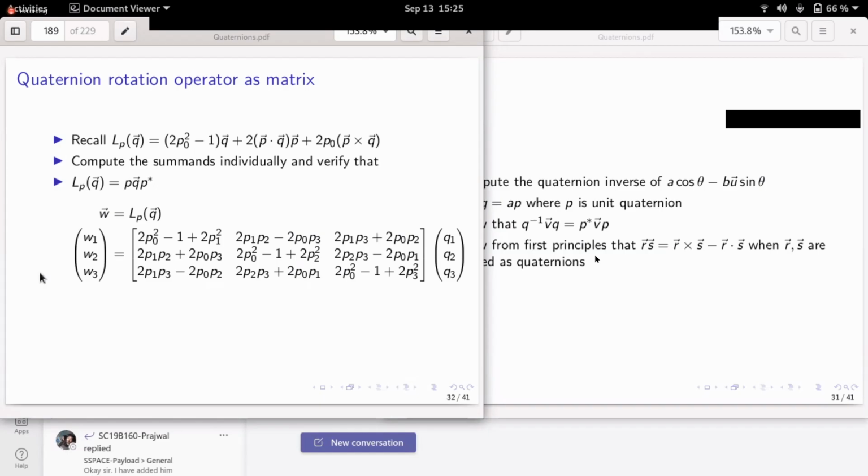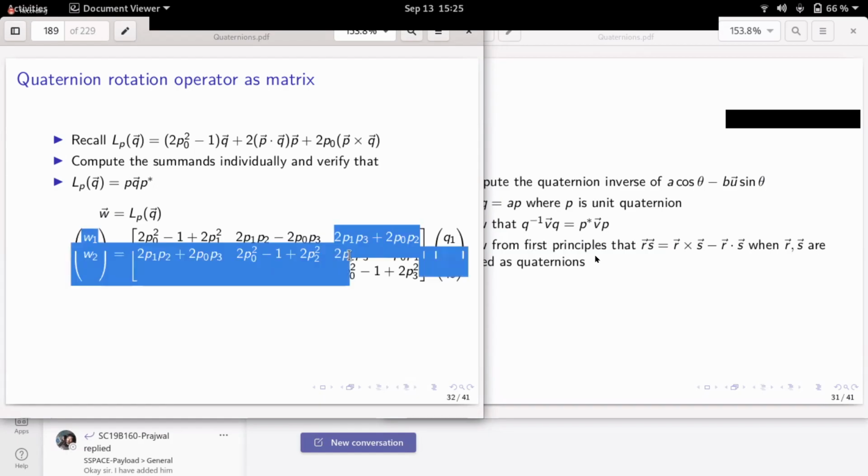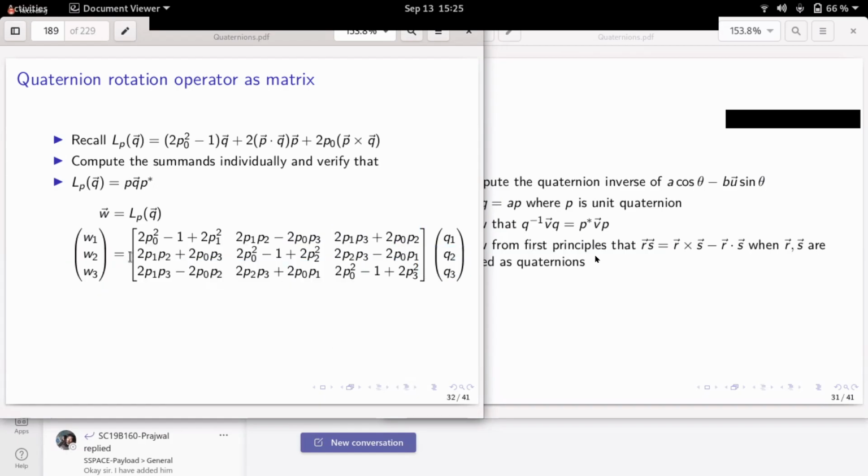Somehow you can extract that. However, you want other things also. So if you have to extract p1, p2, p3, then you have to look at, for instance, the second row first element and the first row second element.